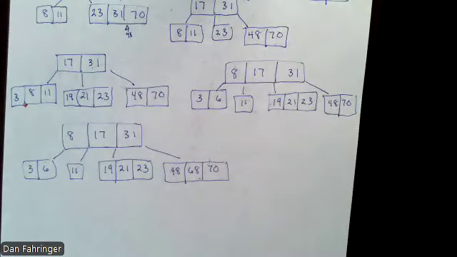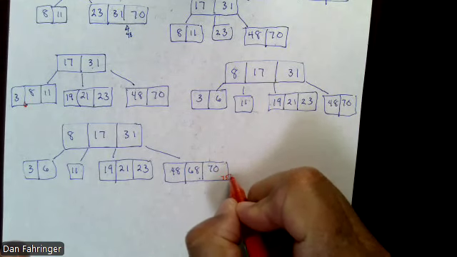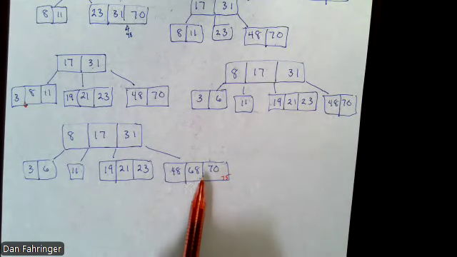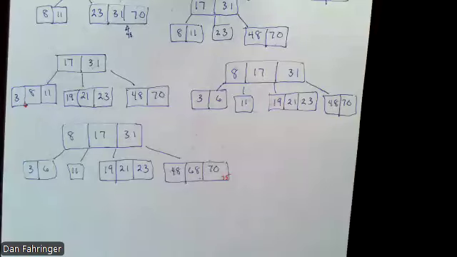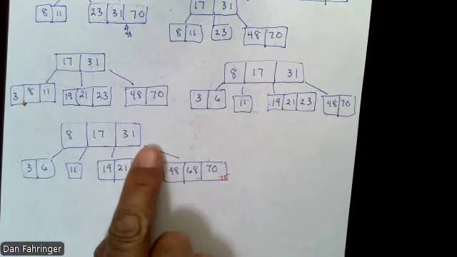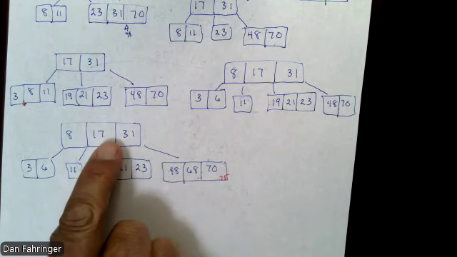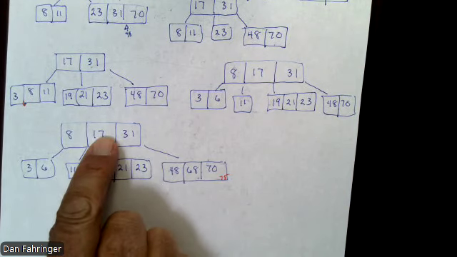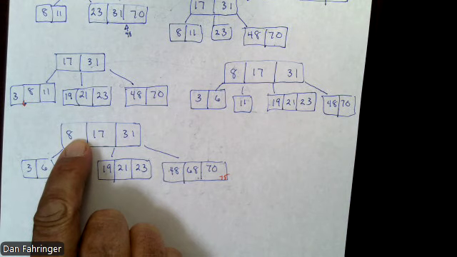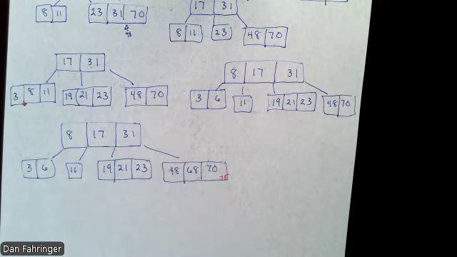75 is going to try to go here, and 75 is going to cause not one blow up, but 2 blow ups. 68 is going to try to go up, and when it does, this blows up. So 17 stays, 8 comes down, 31 and 68 are going to stay up.